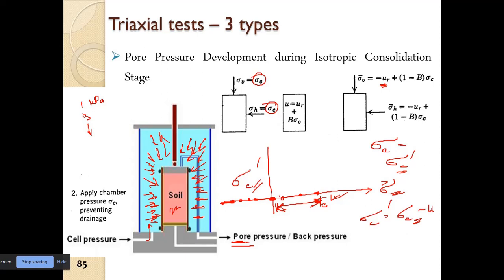Then as we go on increasing the cell pressure, the effective stresses will also go on increasing. Now we will see that the pore water pressure is getting constant. It is showing a constant reading.